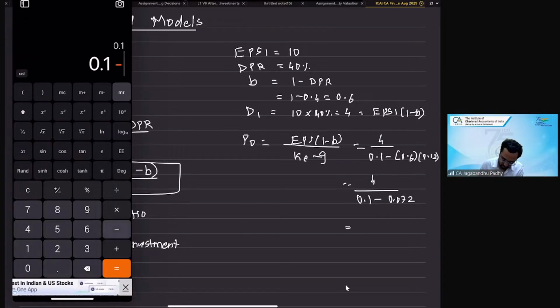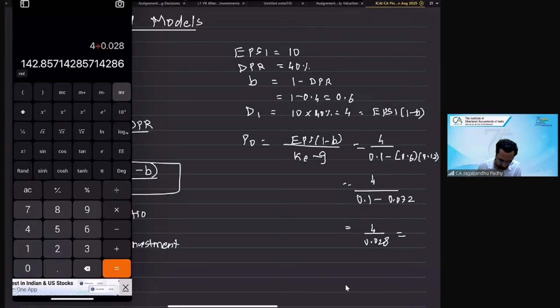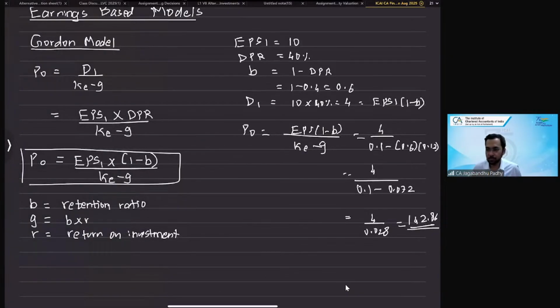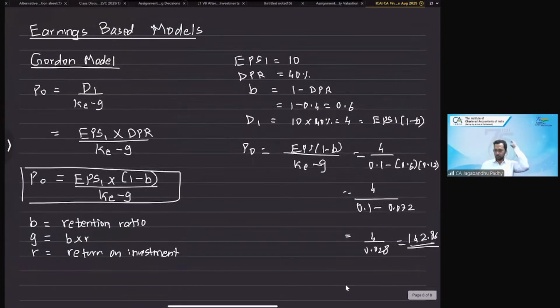So 0.1 minus 0.072 gives 4 upon 0.028. 4 divided by 0.028, the answer is 142.86. So that's how the earnings-based model works.